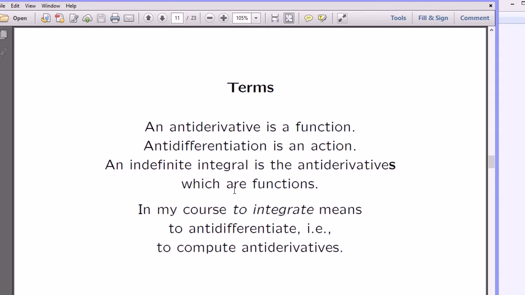And in my course, I will say integrate this, integrate that. That means you antidifferentiate that function or compute all the antiderivatives. Fair enough? Otherwise, I'll be more specific. Compute the integral, compute the indefinite integral, compute the definite integrals. But when you say integrate, this mouthful word, I don't want to say antidifferentiate all the time, so integrate will replace that.